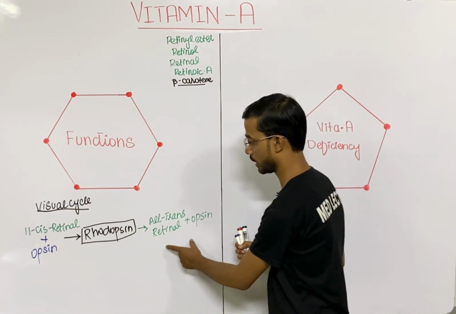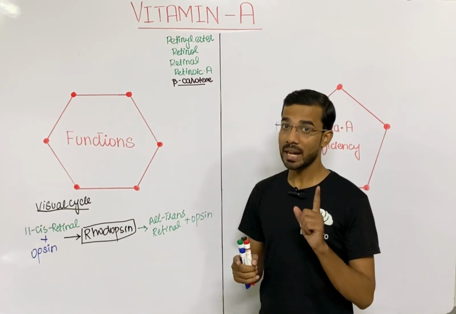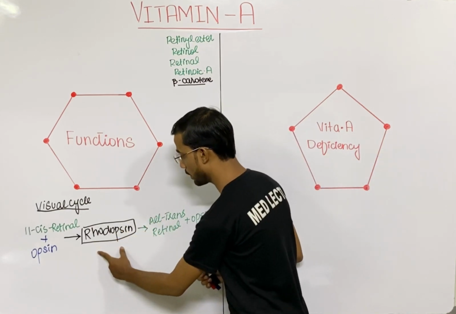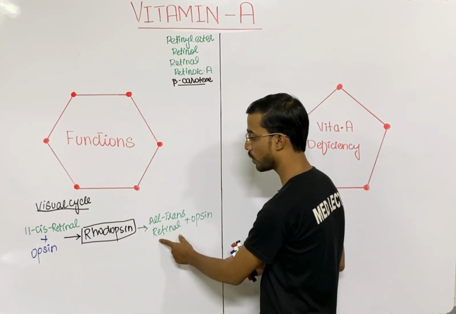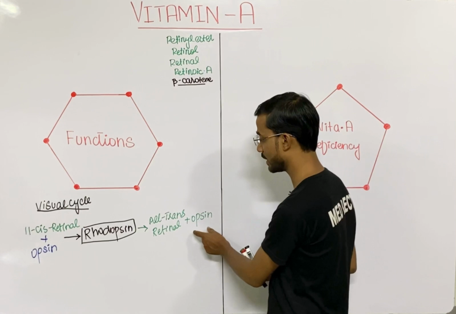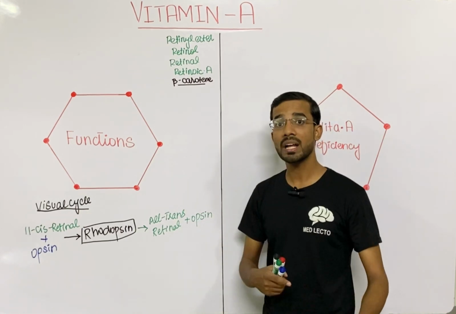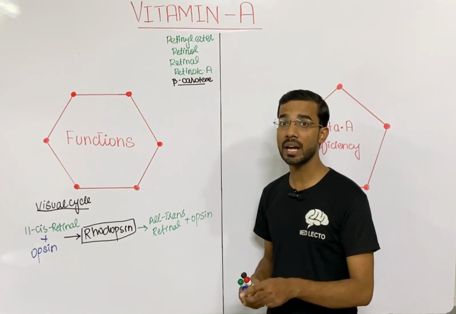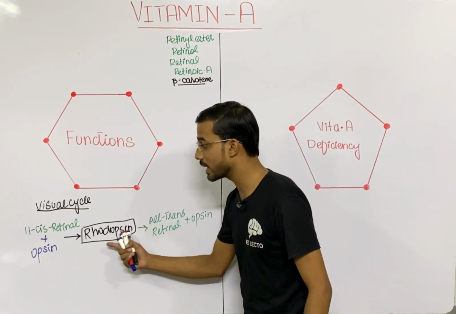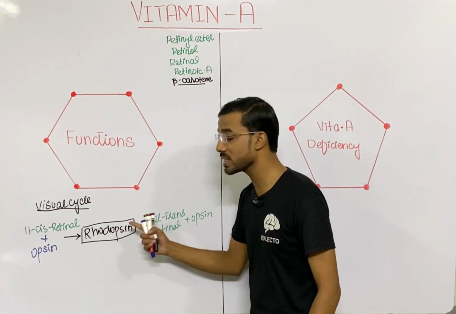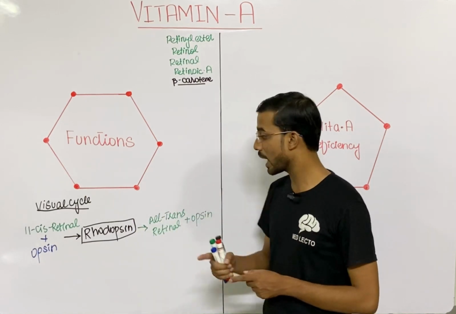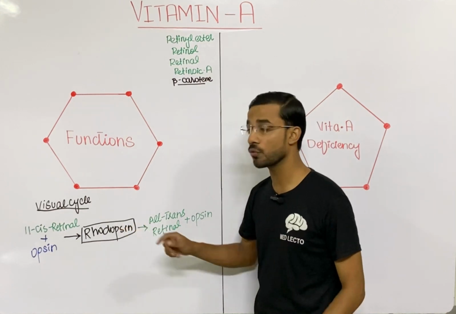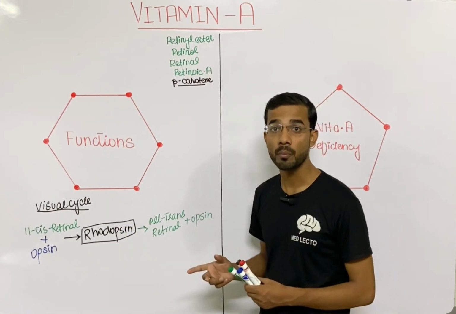That's the most important thing. When someone goes towards bright light, rhodopsin breaks and converts into all-trans retinal and opsin. Okay, when that person comes back again into dim light, then we also require rhodopsin. That is, rhodopsin is very important in dim light. Again, from all-trans retinal, you will see formation of rhodopsin. But how?